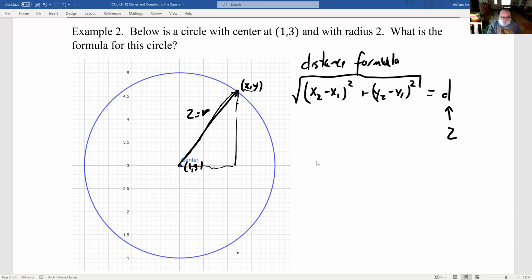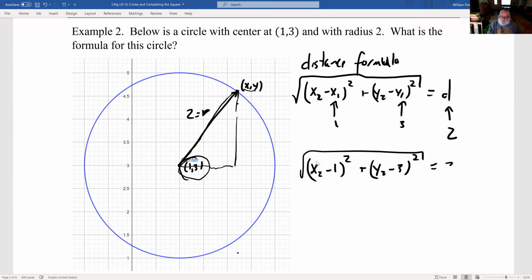So we'll call x1 1 and y1 3. So that gives me x2 minus 1 squared plus y2 minus 3 squared inside a square root equals 2.